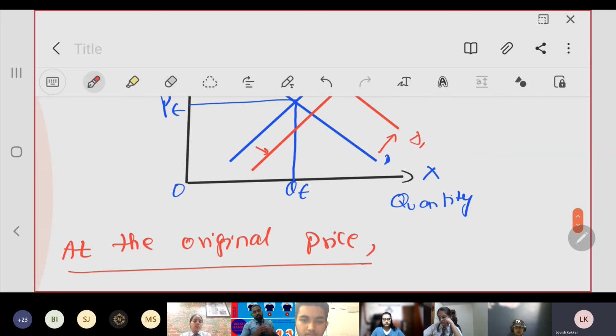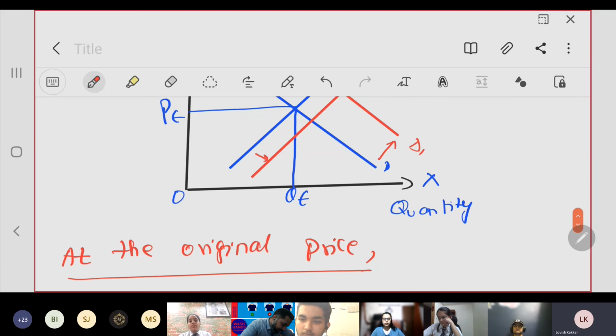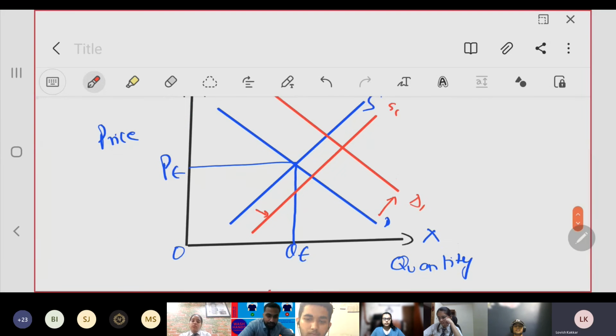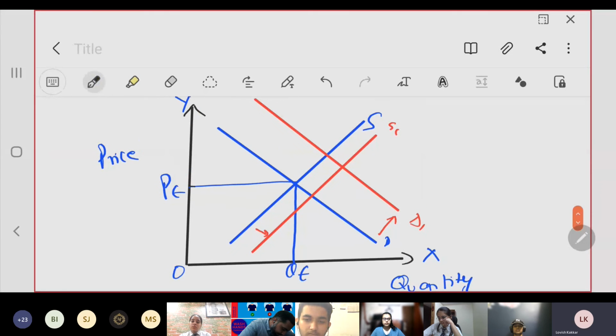Now, increase in demand is more than increase in supply, and we have already discussed there will be a situation of excess demand in the economy, and this excess demand can be represented through this. So this price line is meeting the supply curve at this point. So this black portion is my supply, because the price line is meeting the new supply curve.